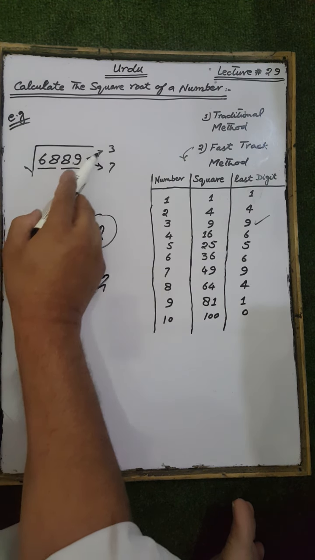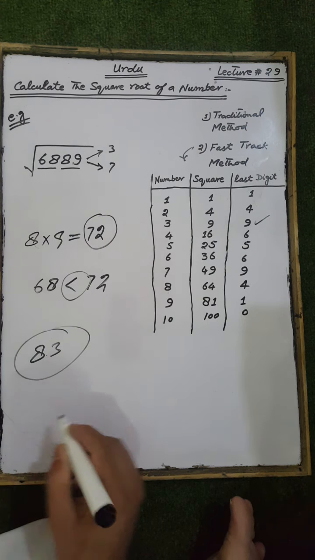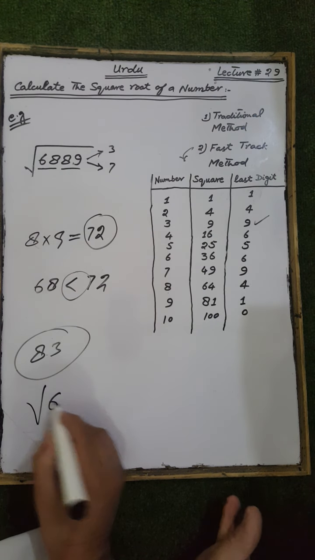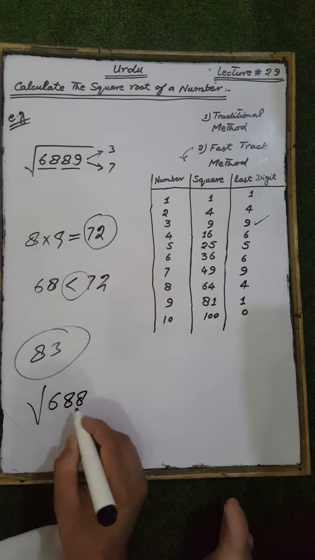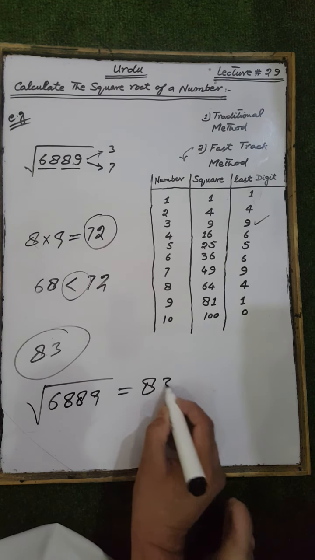If this number is less than this number, then the smaller number will be the result. That is, the square root of 6,889 will be equal to 83.